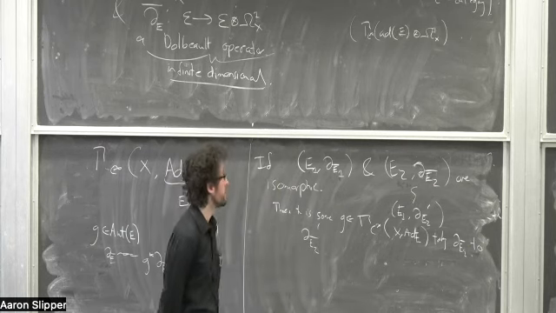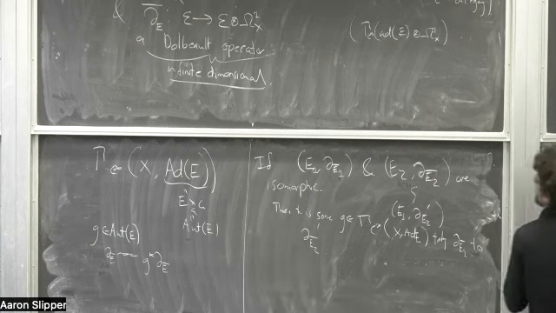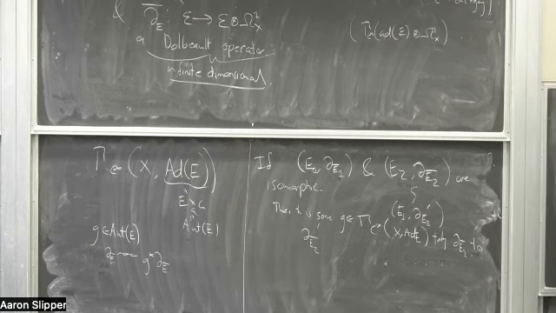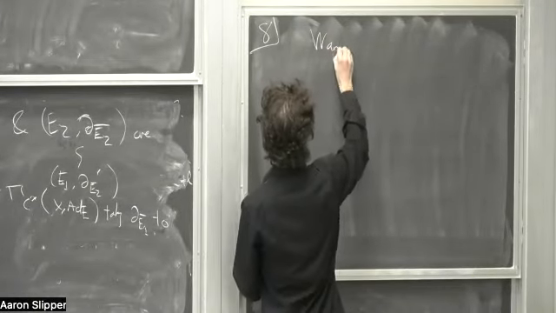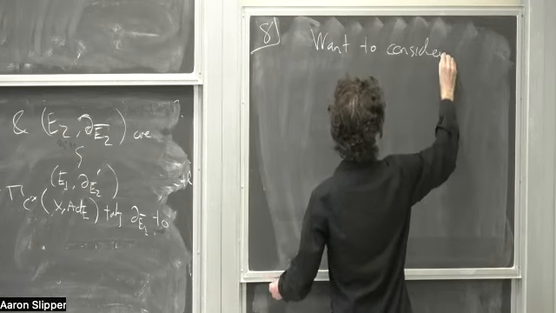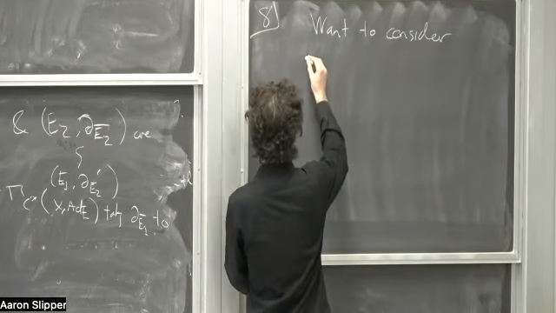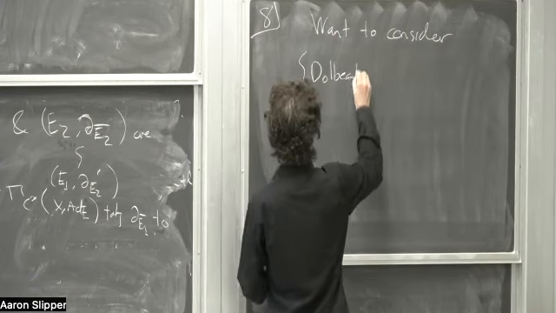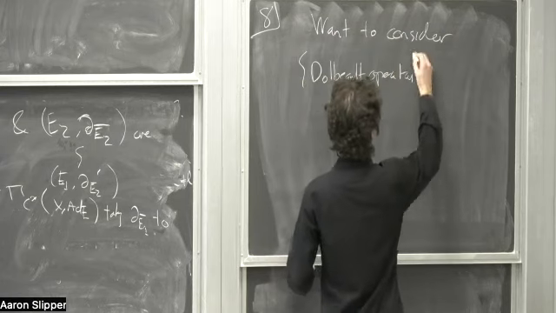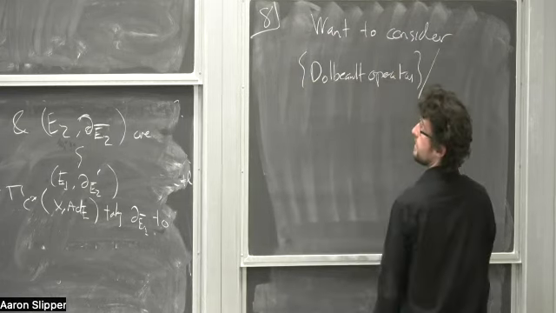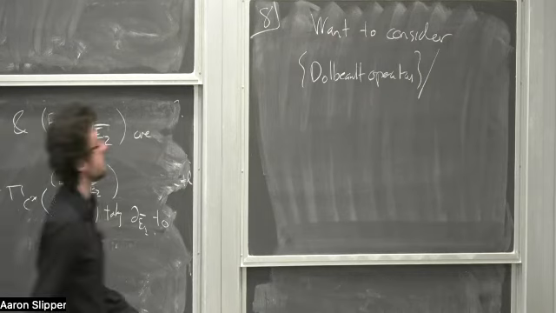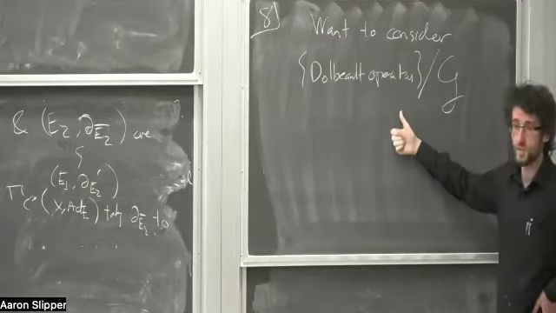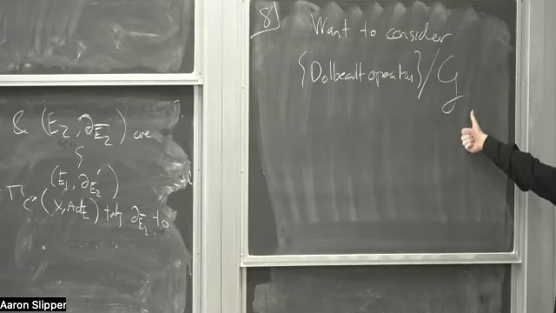So our problem can now be written as a quotient. We can say what we really want is to consider the space of Dolbeault operators modulo G. So this is some infinite dimensional space quotiented by an infinite dimensional group.